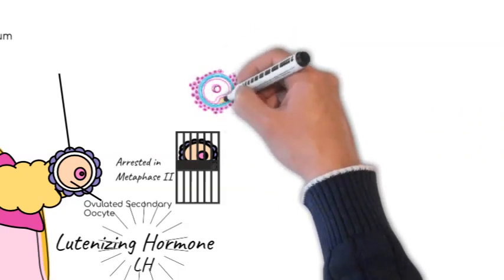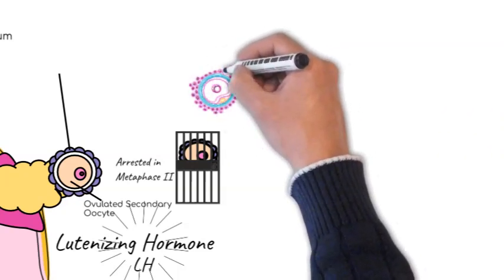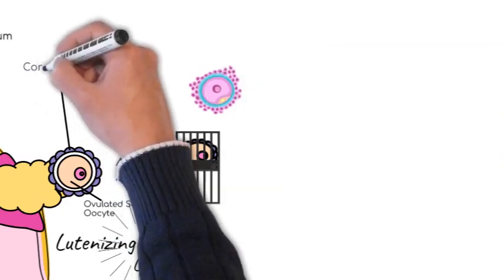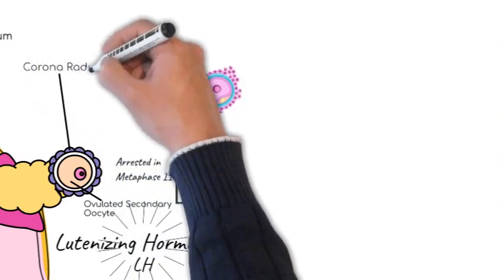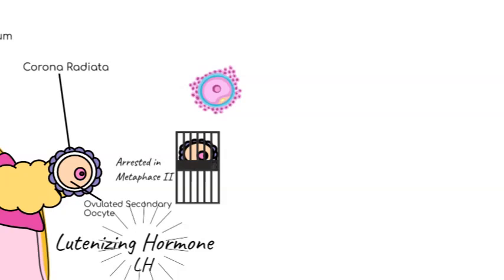This arrangement of the cumulus oophorus cells is called corona radiata, radiating crown, I guess. Corona radiata. The ovum is still arrested at metaphase 2 of the second meiotic division.